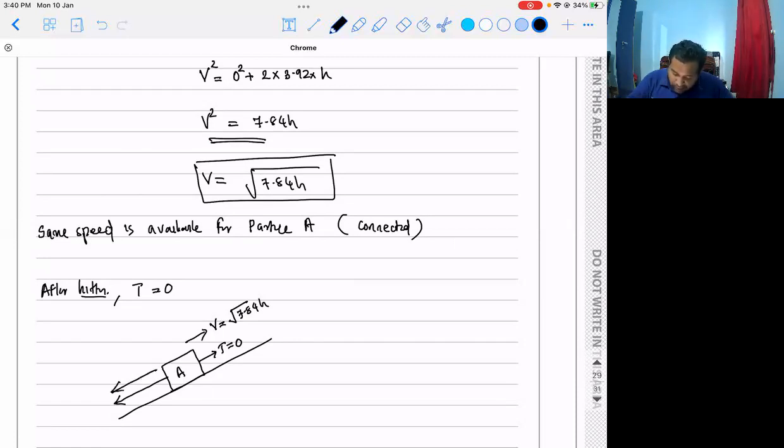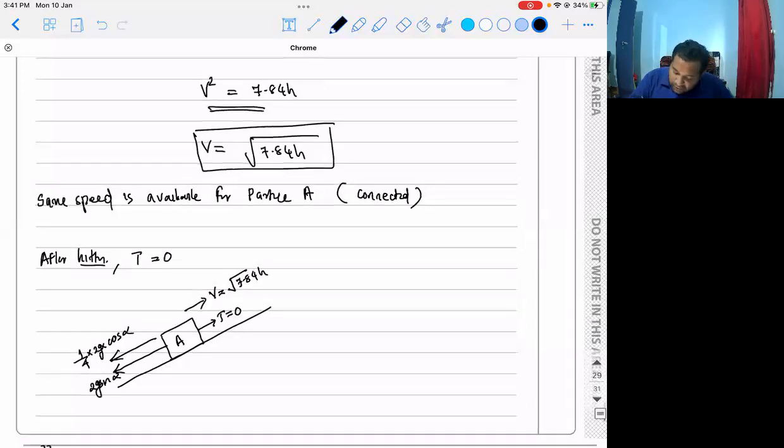What are they? One is friction, 1/4 mu times 2 times g cos alpha. Then the component of the weight, that is 2g sine alpha. I missed that g part earlier.